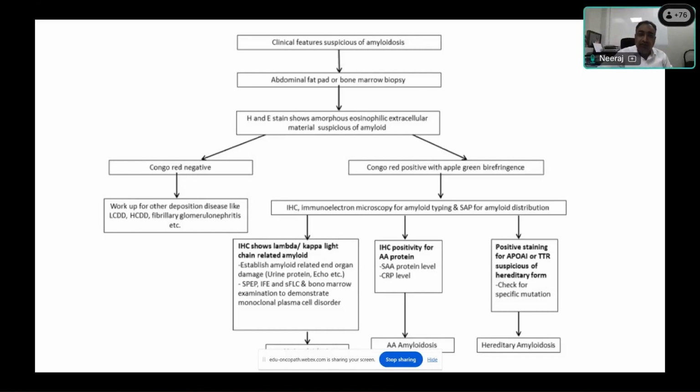This is one of the approaches for amyloidosis, and this is how you work up. Mass spectrometry is emerging as a gold standard for amyloid characterization, though not routinely or readily available.